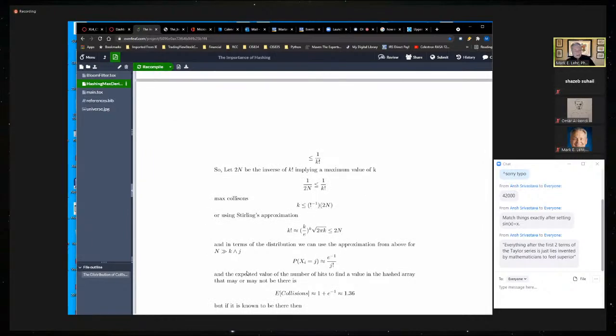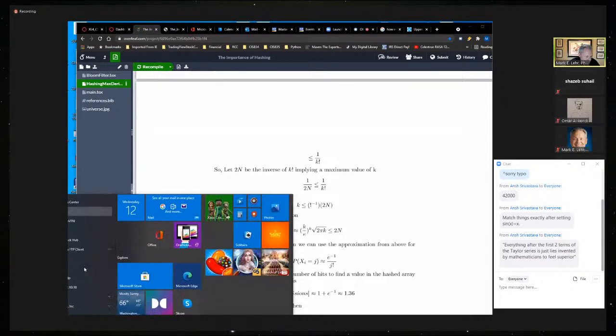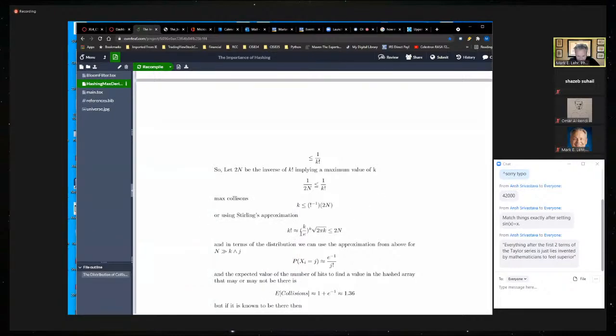And we can calculate this relatively quickly. Let's go to a spreadsheet. If I want the inverse, we can use Stirling's approximation, which I do here, to approximate what k factorial is.